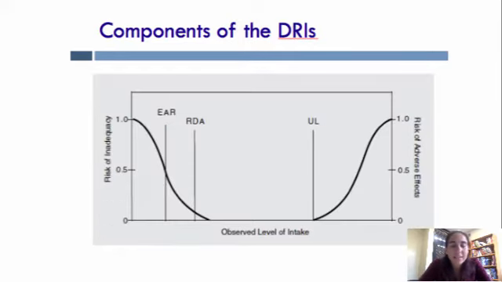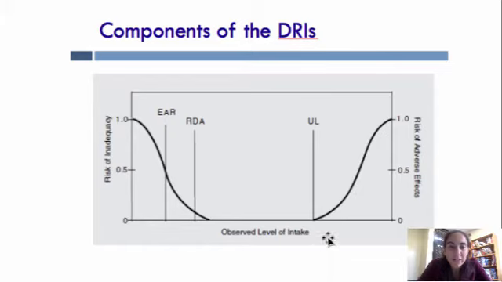This is a nice schematic or diagram of each of the DRIs. We can see here the EAR, the RDA, and the UL. On each of these axes, we have this y-axis here, and then this x-axis is the observed level of intake of a given nutrient from low to high. Here we have risk of inadequacy or deficiency, and here we have risk of toxicity.